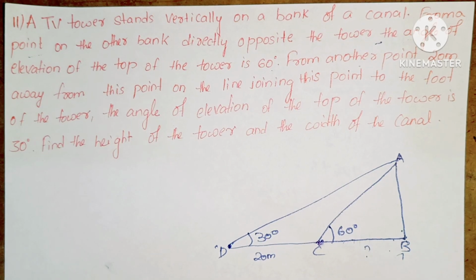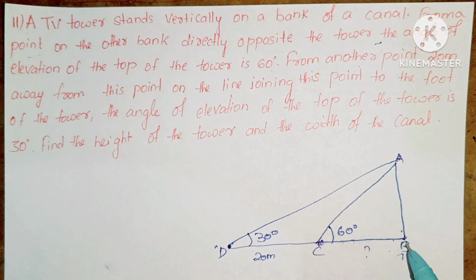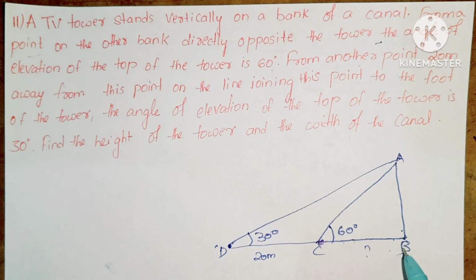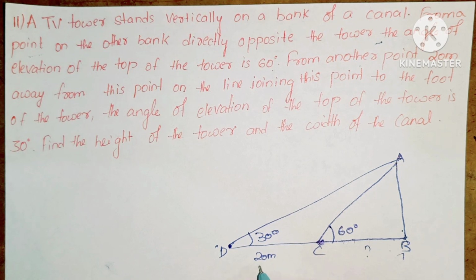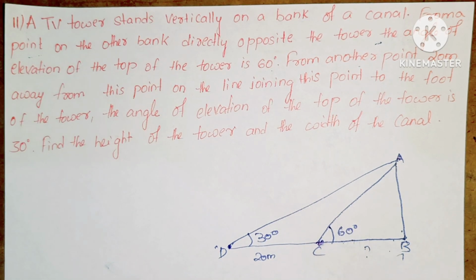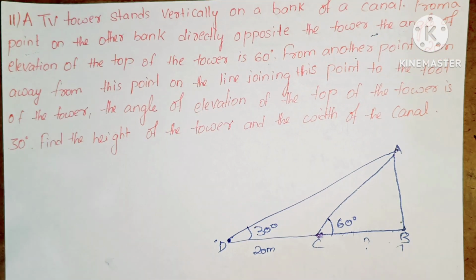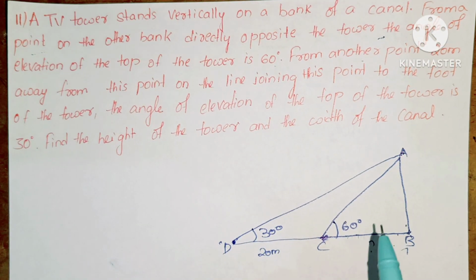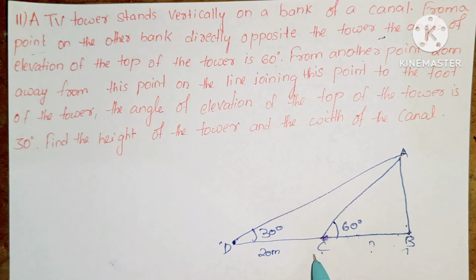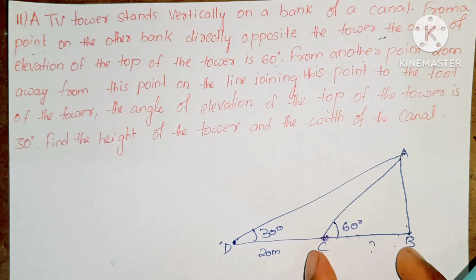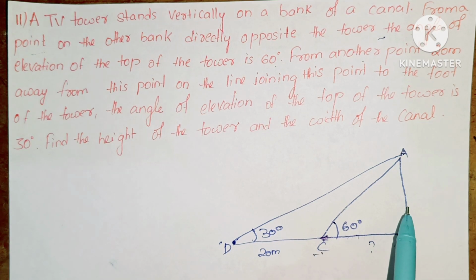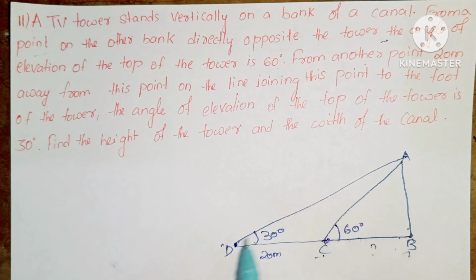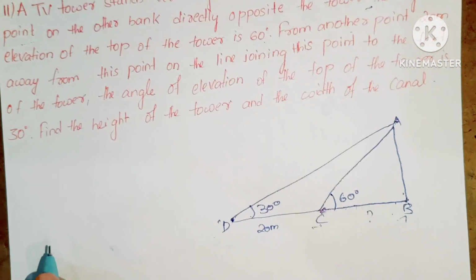So you have to find BC and also the height of the tower AB. I kept this CD as 20 meters. Okay, we know this information. So first we have to find the height of the tower. Before that, first let us take the triangle ABC. If you take triangle ABC, then you will get AB. Then take ABD. So let us do it first.